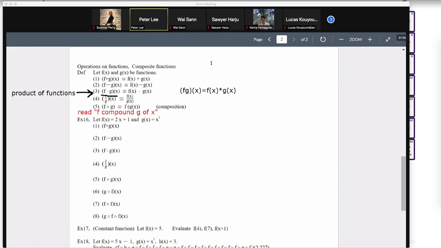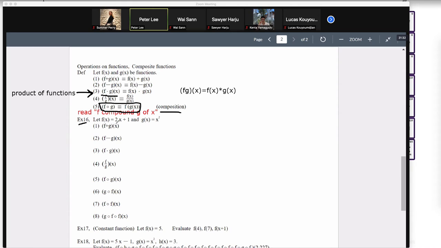So when you see this right here, that's what it means. Again, it's F compound G of X. And it's called the composition. F composition G or F compound G. I think F compound G is the more common way of saying this. So F compound G. But that's called a composition of functions.